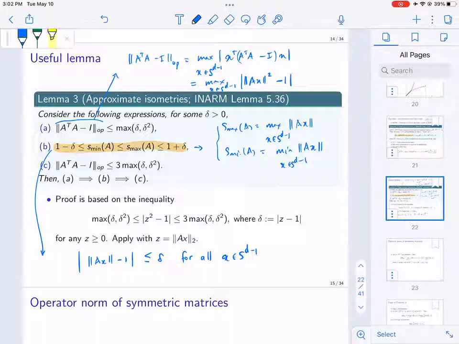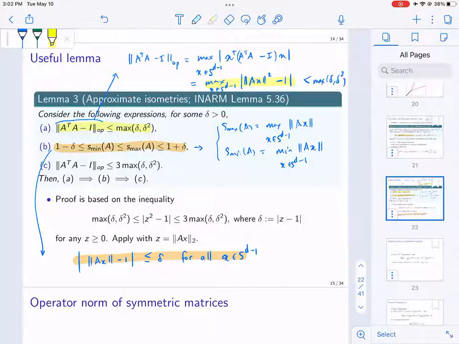So that's this inequality, and then this inequality is this guy, which will be less than or equal to max delta.